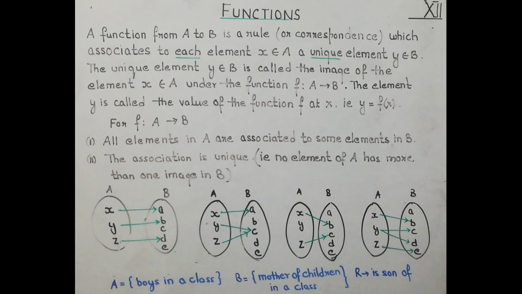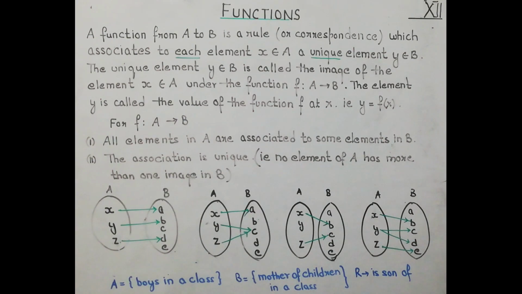Now let me make it clear to you with the help of this example. Let us consider set A. We consider a class. In the class there are some boys and some girls. Here we have taken set A as the set of the boys in the class. Only boys, no girls.